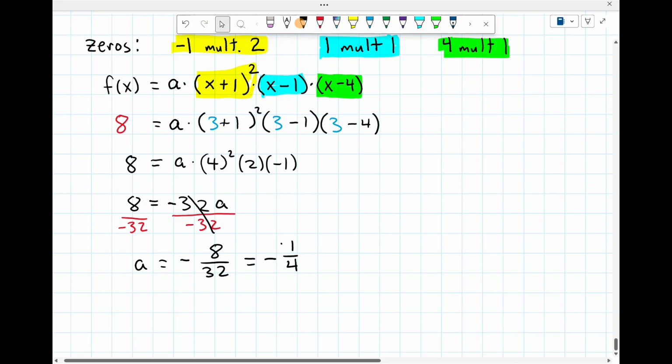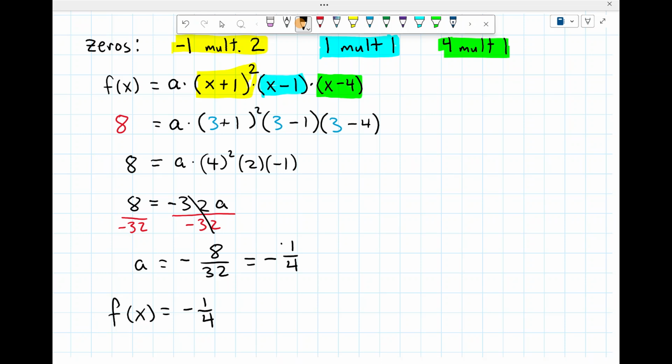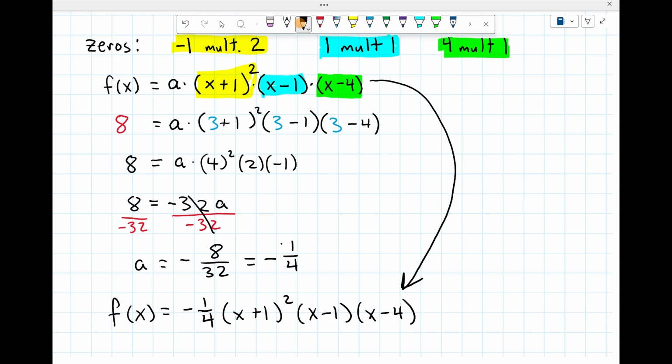And so now we have our final solution. f of x is equal to negative 1/4 times (x plus 1) squared, times (x minus 1), times (x minus 4). And that just came from up here. I replaced the a with what it is equal to, which is negative 1/4.